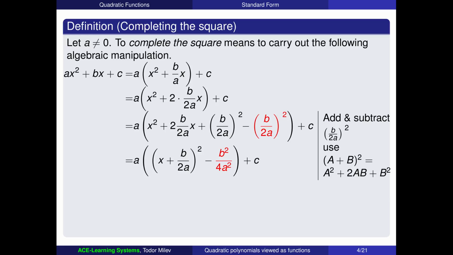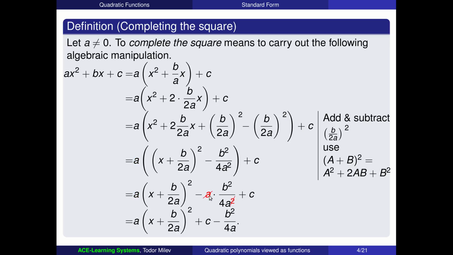Okay, and just as in the preceding example, this is the bulk of the work when completing the square, but this expression can be transformed a little bit more by distributing the coefficient a out of this parenthesis. So we distribute the coefficient a to the two terms, and we notice that the letter a is present both in the numerator and in the denominator of this fraction, so we can cancel.